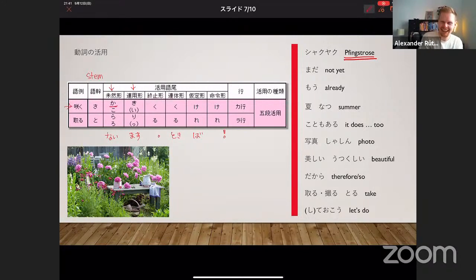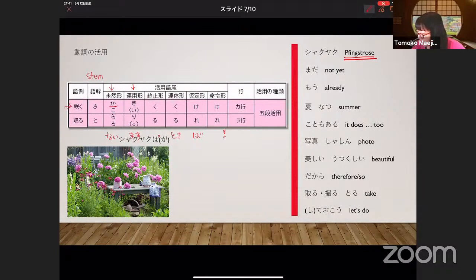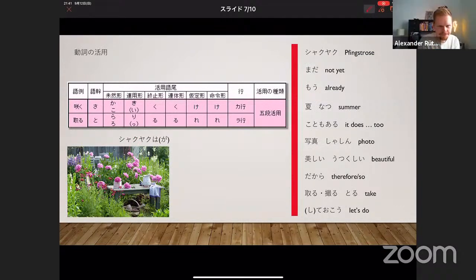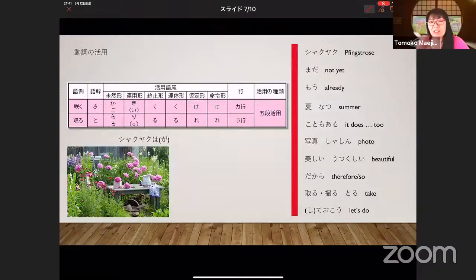And then you are going to make a sentence with these flowers. These are called shakuyaku in Japanese. Shakuyaku wa, so potential. Shakuyaku hasn't yet bloomed.